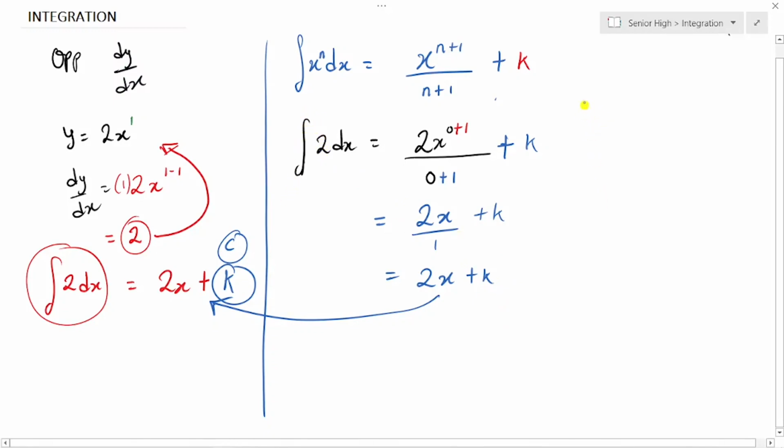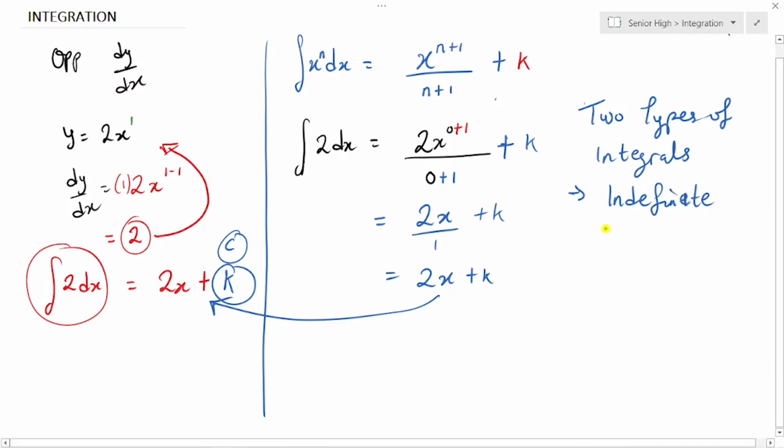In integration, we have two types of integrals, and I will treat them separately. We have the indefinite integral, and then we have the definite integral.